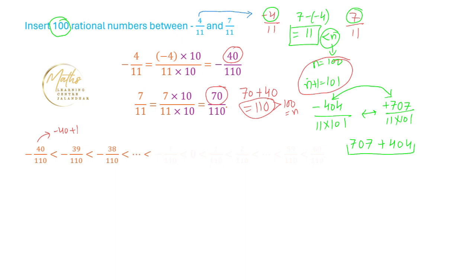We add 1 to it, it is minus 37 by 110, and continuing in this way, we get the numbers minus 1 by 110, then 0, then 1 by 110, 2 by 110, and so on up to 60 by 110. So this gives us the required 100 rational numbers between these two numbers.